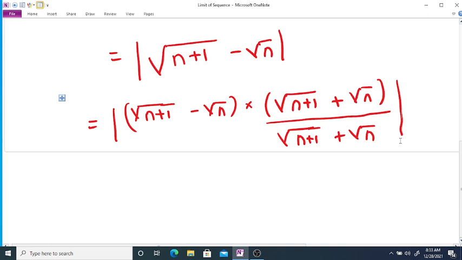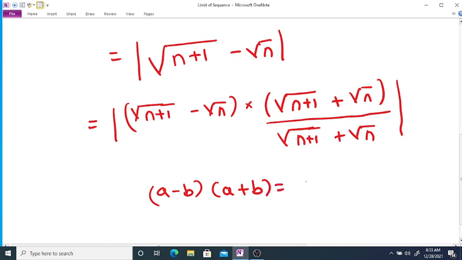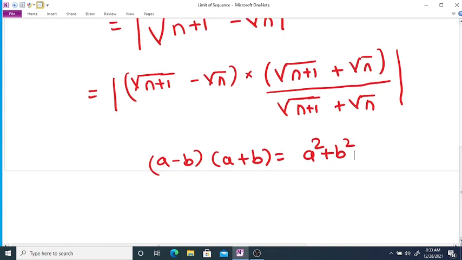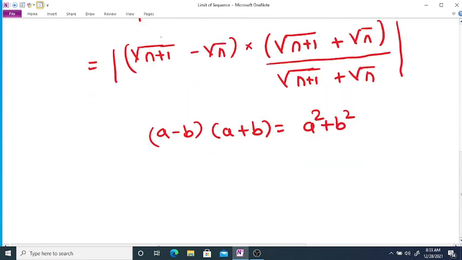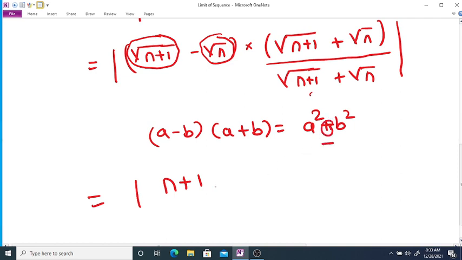Now we know that (a minus b) into (a plus b) is equal to a square minus b square. Therefore, the square root of n plus 1 is the a and this is the b, so it is equal to n plus 1 minus n, divided by square root of n plus 1 plus square root of n.